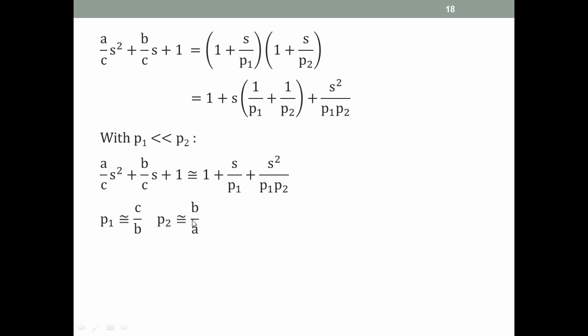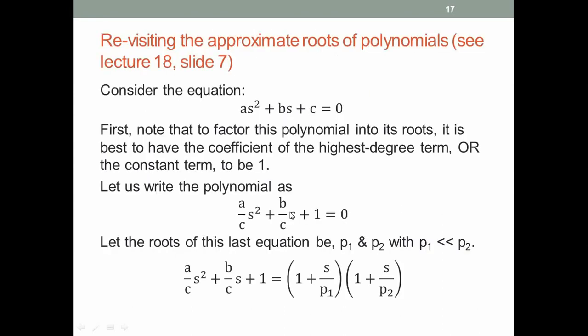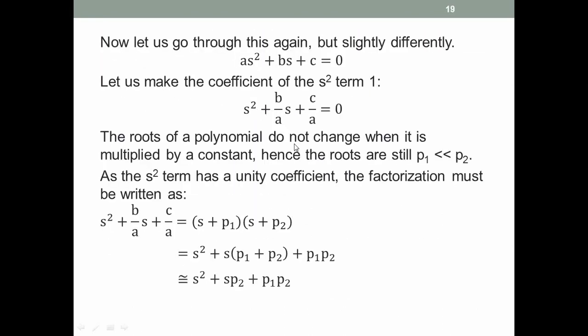Now let's look at the same polynomial again, as squared plus bs plus c equal to 0. Now let us make the s squared coefficient 1. So let's divide this equation by a. So we'll get s squared plus b by a s plus c by a equal to 0. Now of course, I'm sure you know that this equation and this equation and this equation all have the same roots.